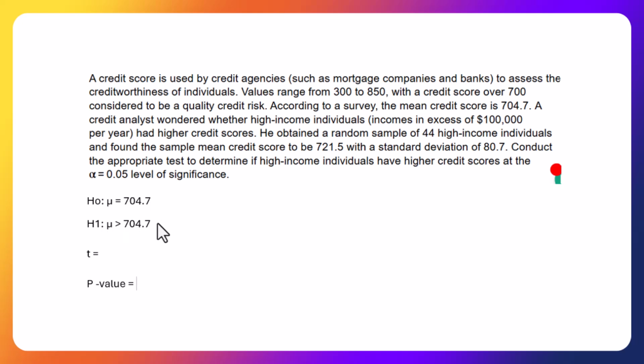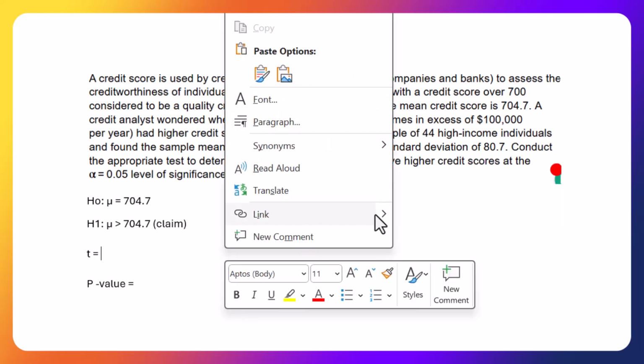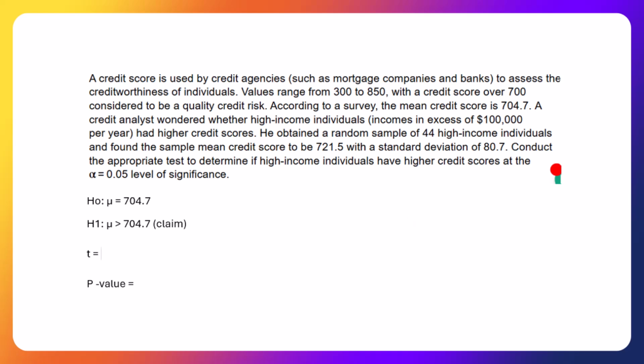And the alternative, we're checking if the scores are higher, so on average, so that's the claim. And now we're going to go to Statcrunch and run the t-test under t-stats and see what the test statistic t and what the p-value are, and then go from there by comparing the p-value with the level of significance, which is 5%. So let me open Statcrunch.